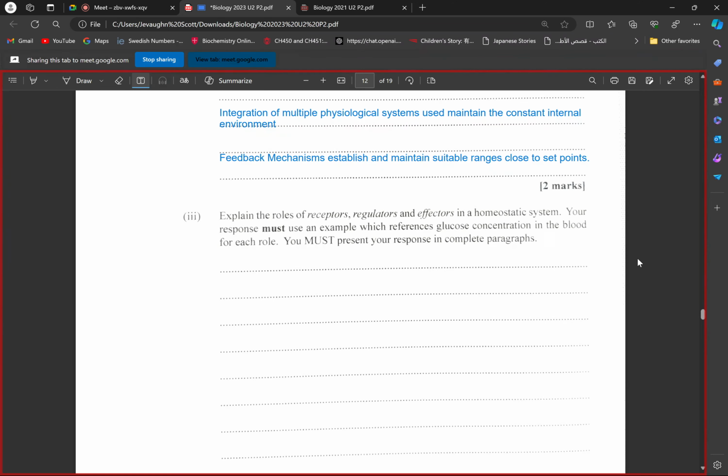If it is a nerve, it will fire an action potential. If it is a ductless gland, like an endocrine gland, it will release a hormone. Those things will then go to effectors, which will carry out the response. But what would be the regulators in the case of glucose concentration regulation? What would be the effectors? Go ahead.